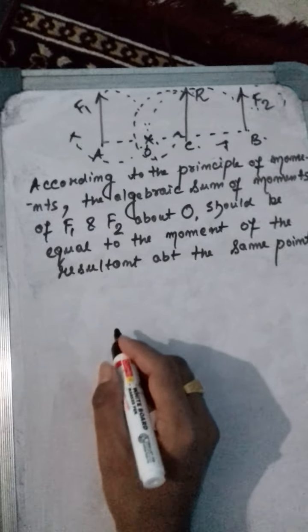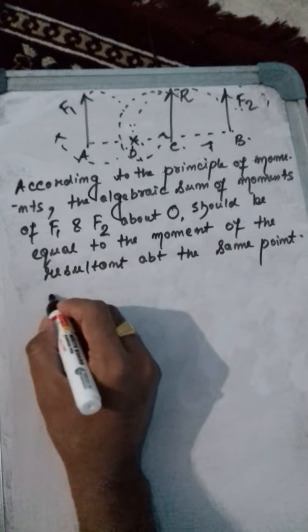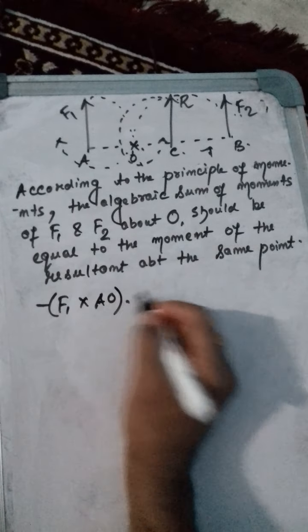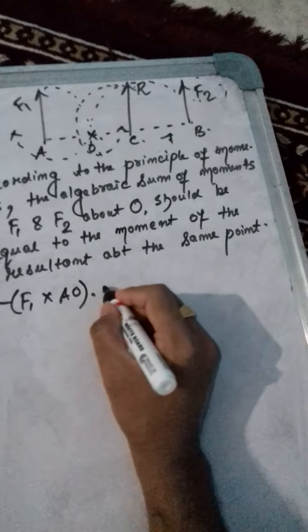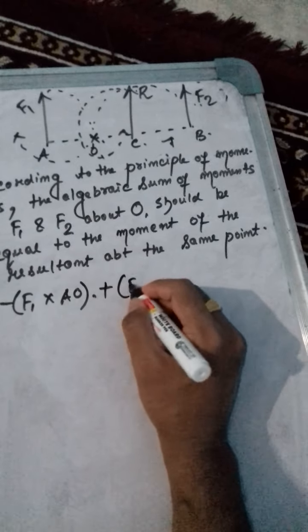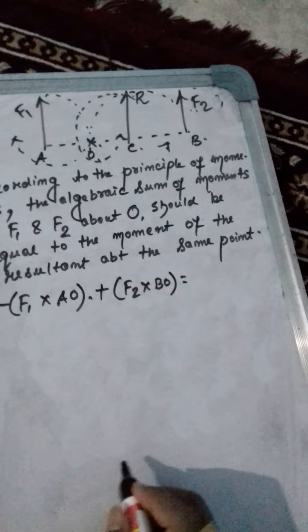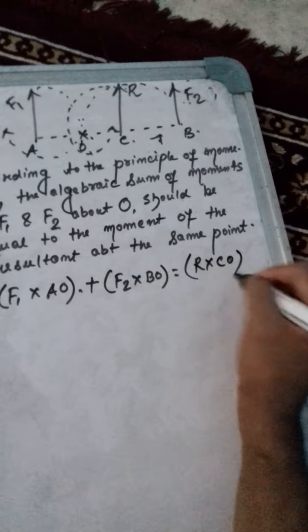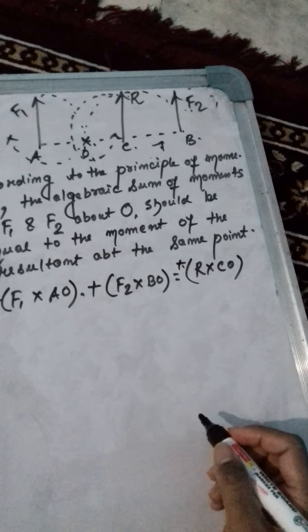So let us add up the moments of F1 and F2. F1 was negative as per this sign convention. Always remember, this particular sign convention is for this particular problem. It is not universal. Plus F2 into the distance BO should be equal to resultant into CO, which was also positive.